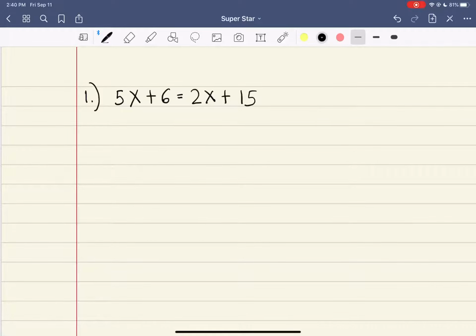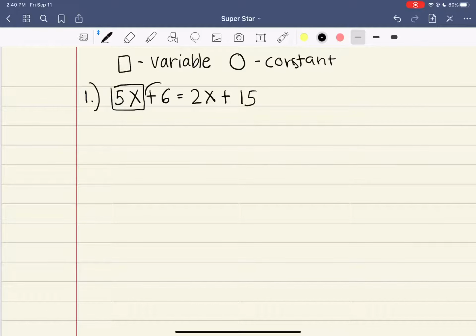As we go through this video, I'm going to be putting a box around my variables and a circle around my constant numbers. Constant. And so as we go through, we're going to have a box around 5x, a circle around my constant, and then I'm going to draw a line down my equal sign to separate the sides. Then I'm going to do a box and a circle.